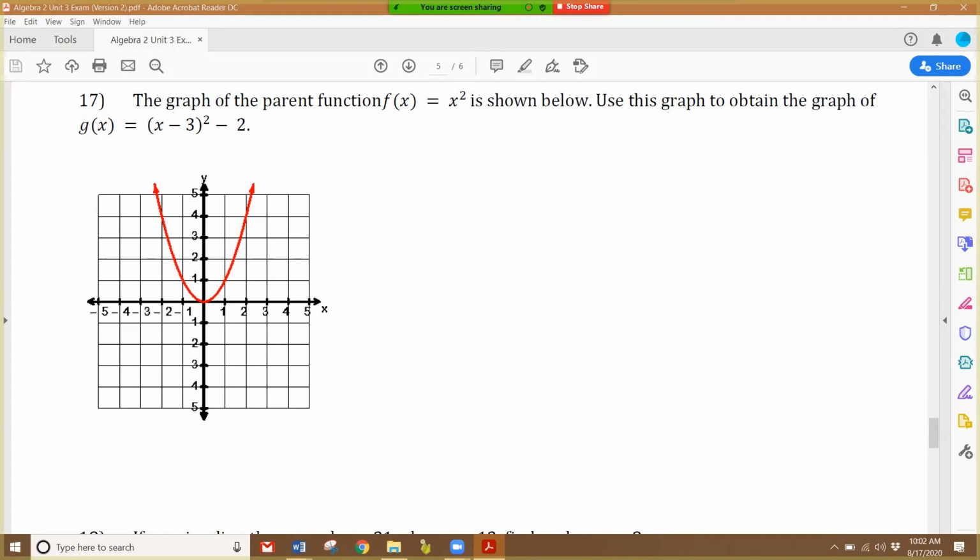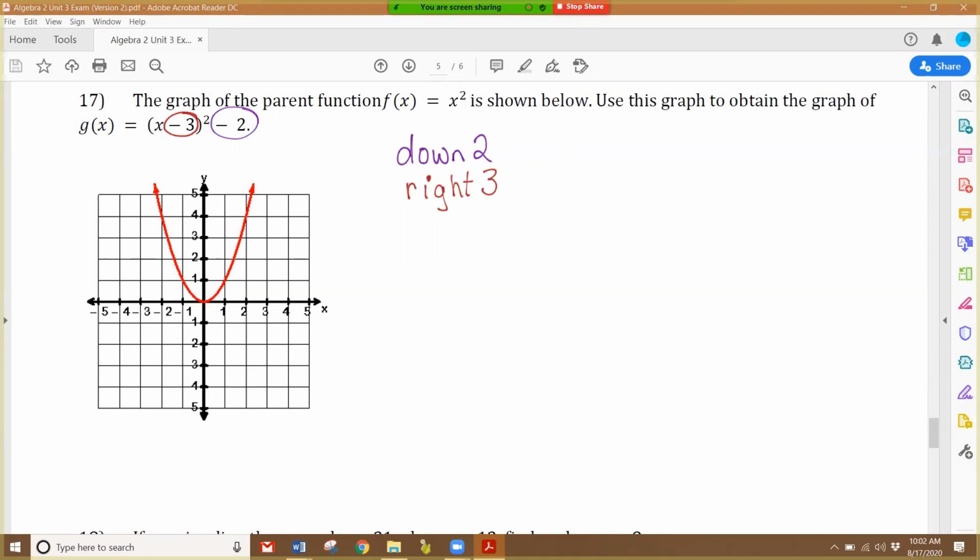So again, I always tend to start out at the end because it's the easiest. This -2 hanging out at the end tells me I'm moving down 2. The -3 on the inside, since it's inside, you're going opposite. So instead of thinking -3 to figure out my shift left or right, I'm thinking +3, which moves me right 3.